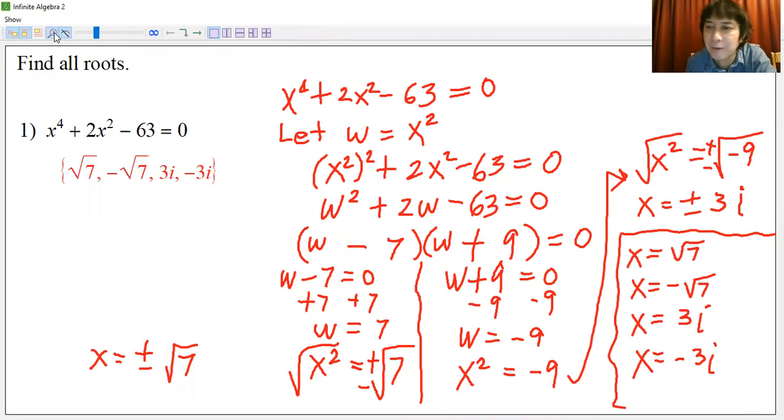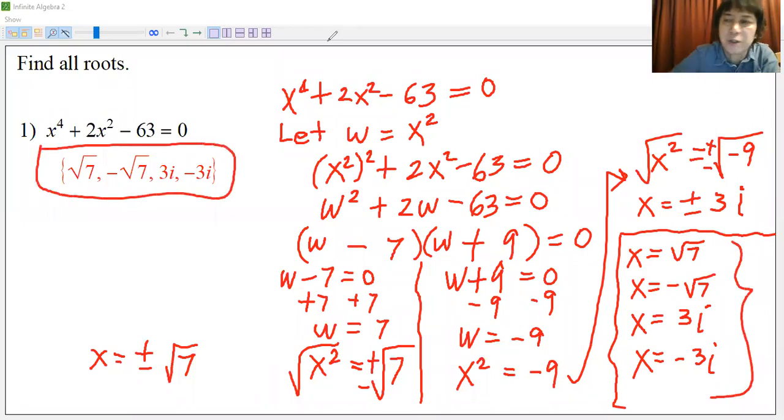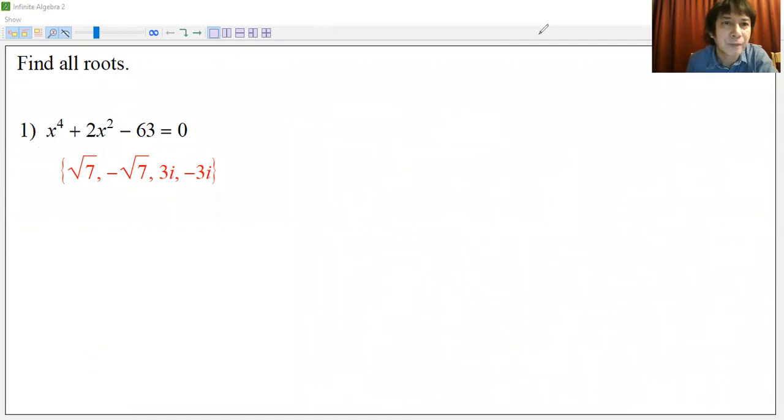Okay, and that looks the same as ours. So these are the computer's answer. That means we are correct. Square root of 7, negative square root of 7, 3i, and negative 3i. Let's proceed to the second number.